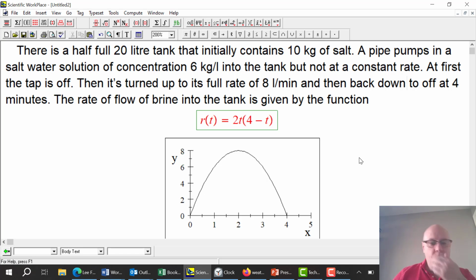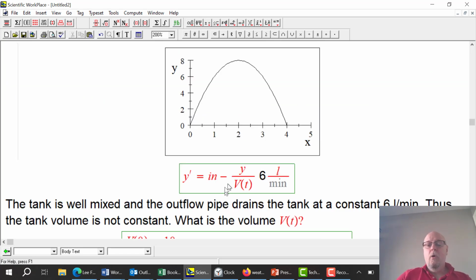Now we know the flow rate in, and our normal MO for these things is we call y prime the kilograms per minute, and we get that as in kilograms per minute minus out kilograms per minute. And the kilograms per minute are always kilograms per liter times liters per minute. Concentration times flow is what we do.